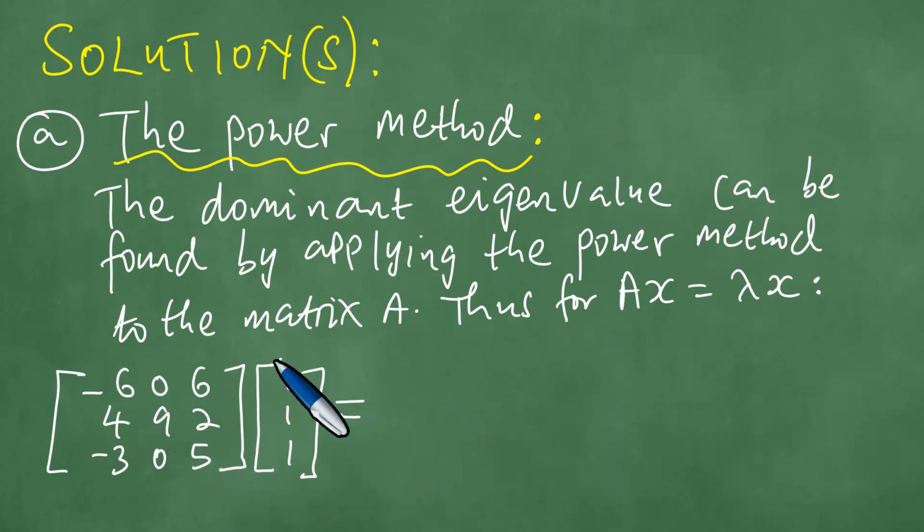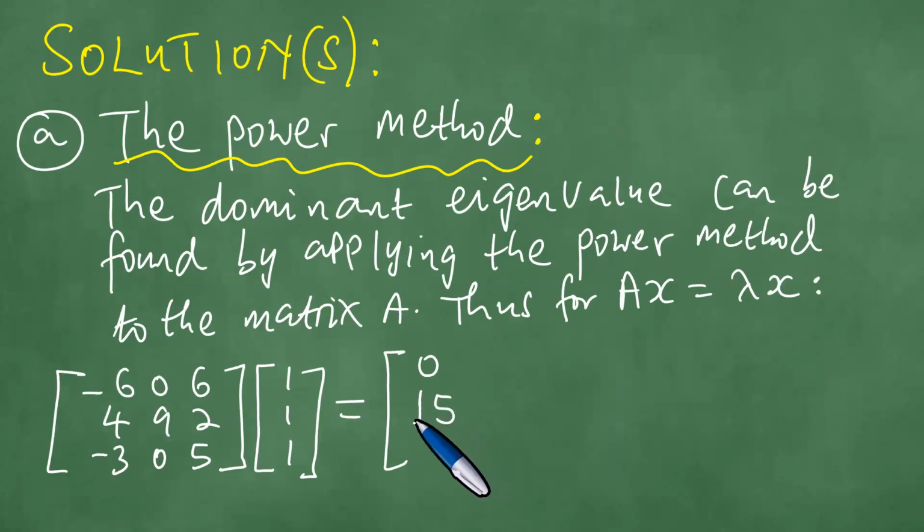If you multiply this row by this column, that's minus 6 plus 6, which is exactly 0. It's minus 6 by 1, which is minus 6, 0 by 1, 0, and 6 by 1, which is 6. So it's 6 minus 6, giving us the 0 entry. Row by column multiplication yields 4 by 1, which is 4, plus 9 by 1, which is 9, giving us 13, plus 2, which is exactly 15.